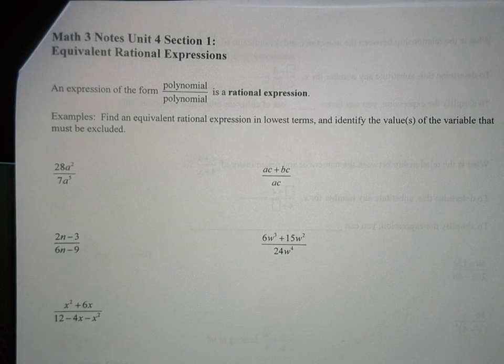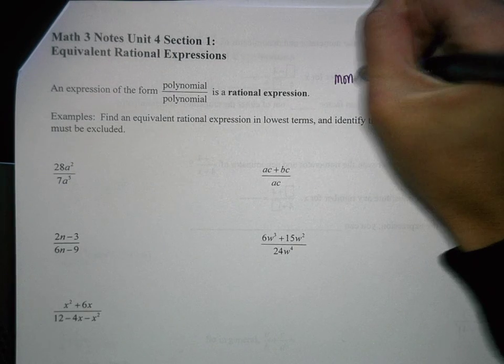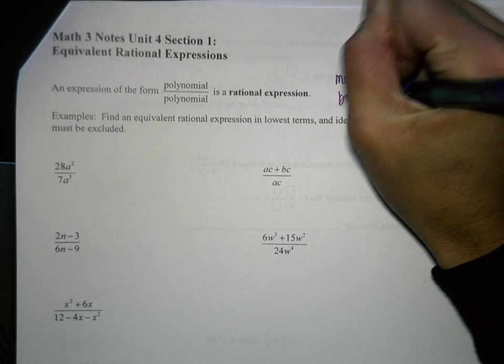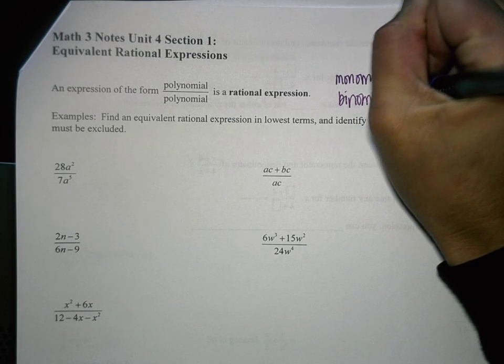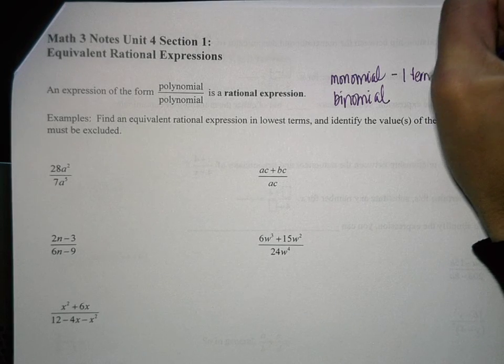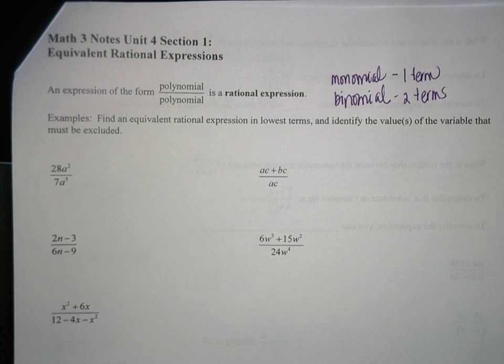Now, the first thing that I want us to remember is the difference between a monomial and a binomial. So a monomial, does anyone know how many terms that has? So hopefully you said one term, and a binomial has two terms, and then polynomials have three terms or more.